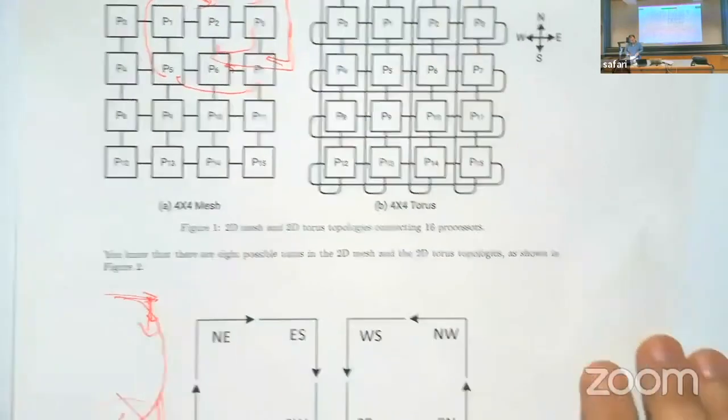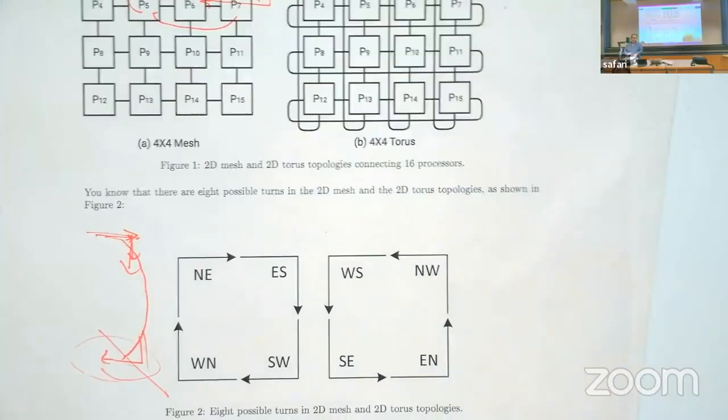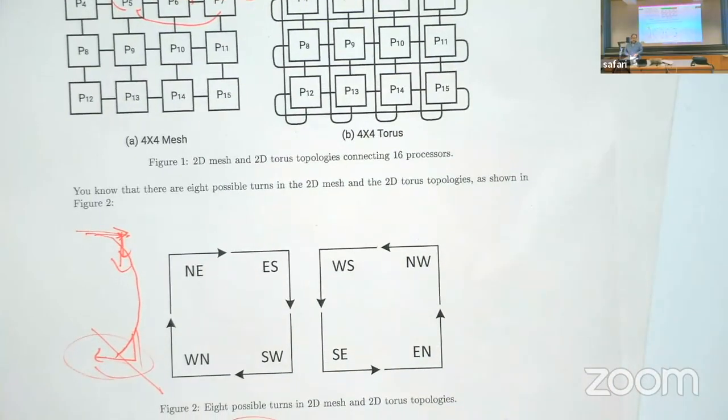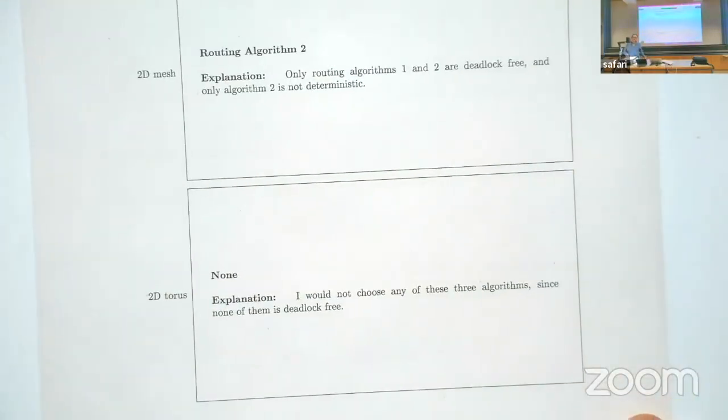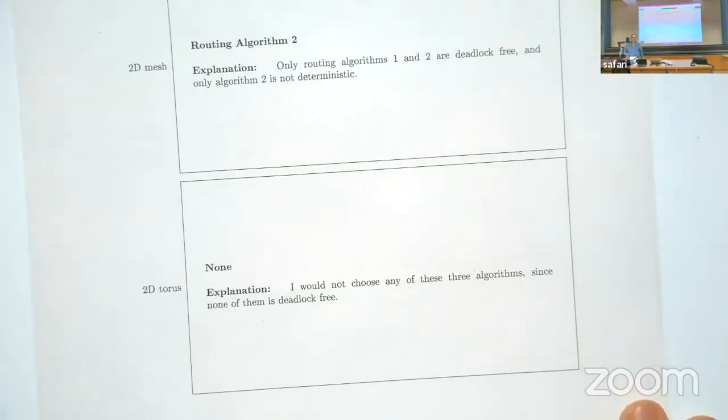However, for routing algorithm 2, if we want to go to the east part of the network, we can make it fully adaptive, which can utilize path diversity. So basically the answer would be routing algorithm 2 for the mesh network. And for the Torus network, basically none of them, because none of them are deadlock free.